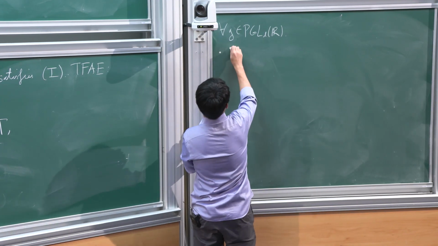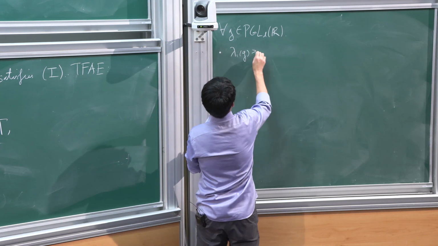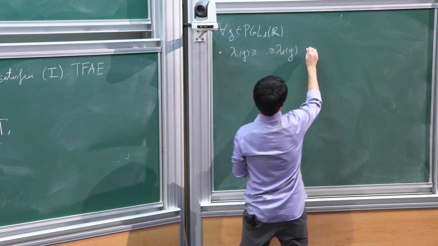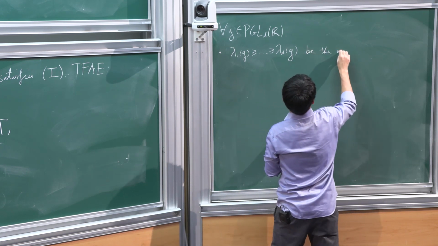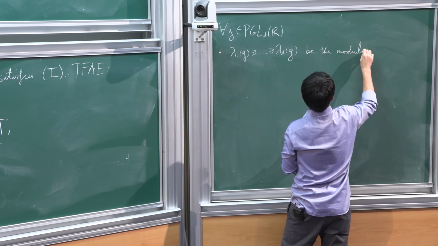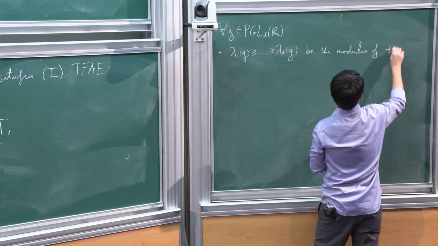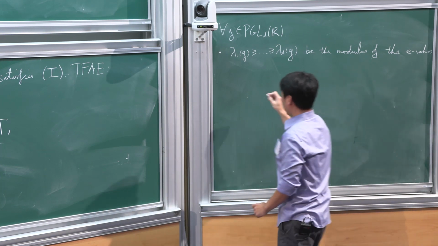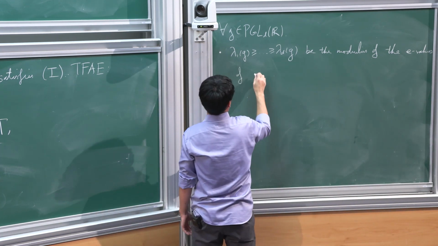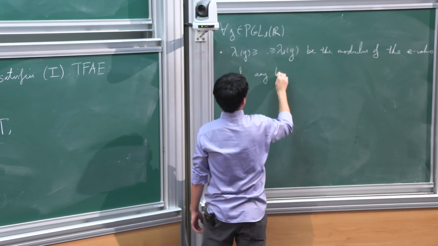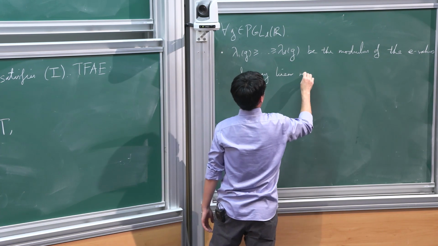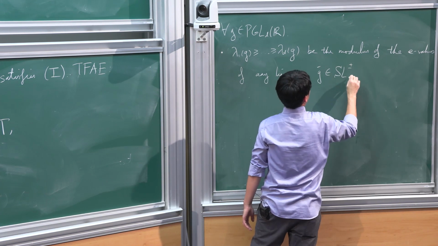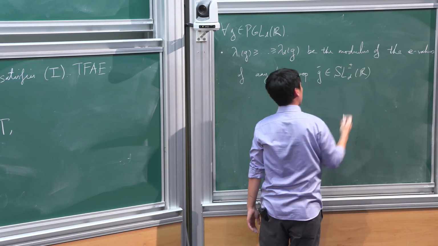I'm going to let lambda_1(G) to lambda_d(G) be the moduli of the eigenvalues of any linear representative G bar in SL^±(d, R) of G.